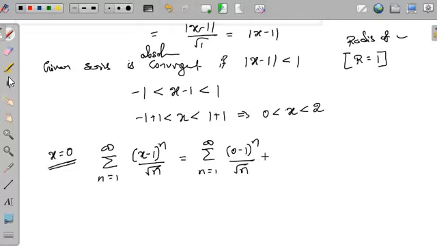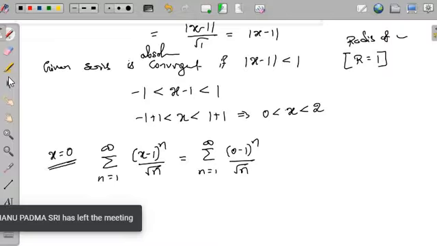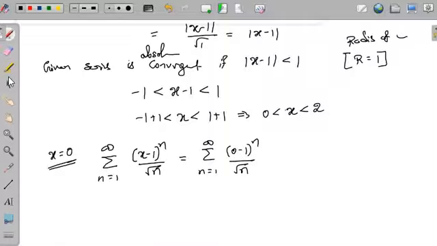This summation is conditionally convergent. So this is nothing but summation n equals 1 to infinity of minus 1 power n by root n. So this is conditionally convergent.